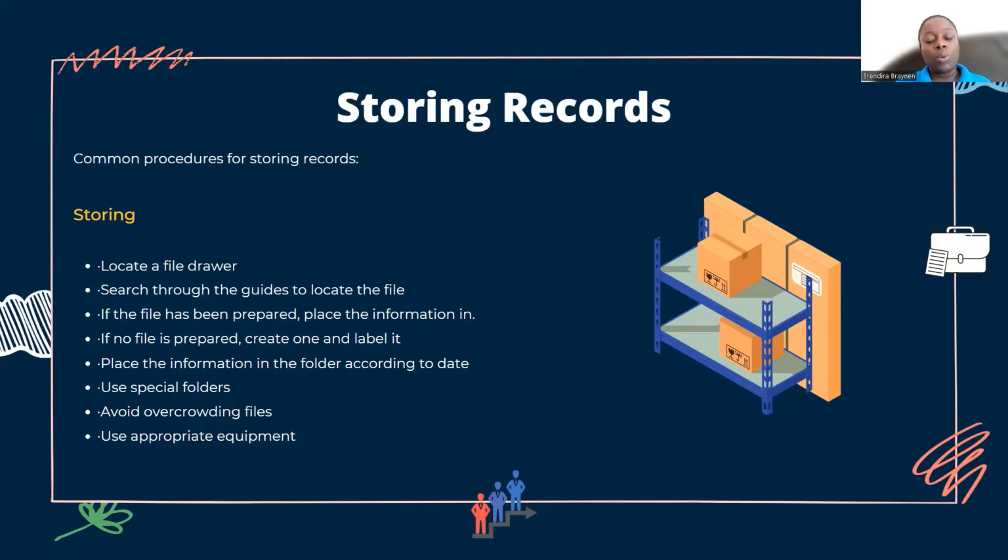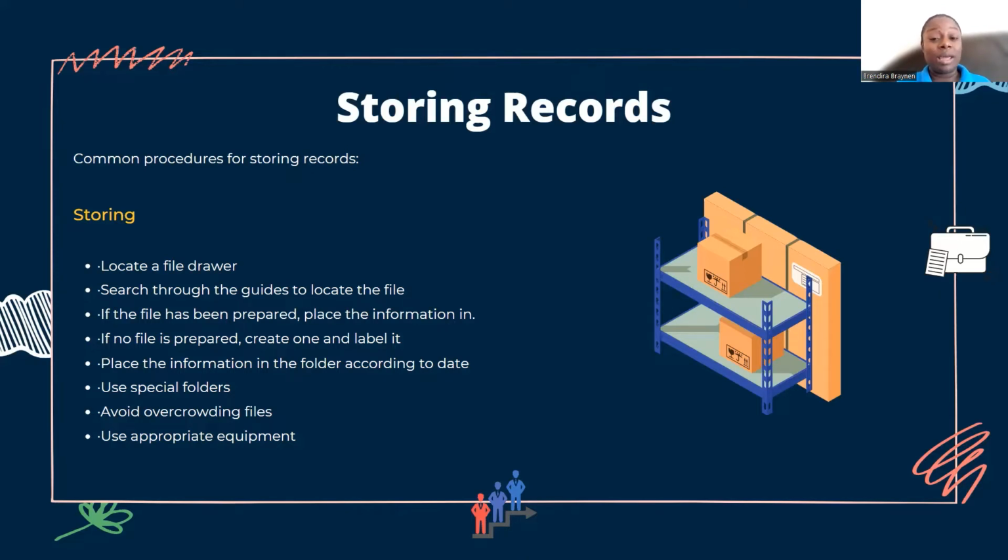Some things you want to know: sometimes you can use special folders. You can pay attention to special tabs, and use color coding, color coding labels, to help you identify certain things. All of these different things help with making sure that when you store records, you're able to easily find them. You want to make sure that none of your files are overcrowded.